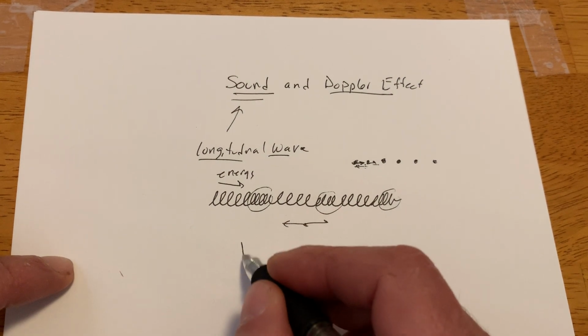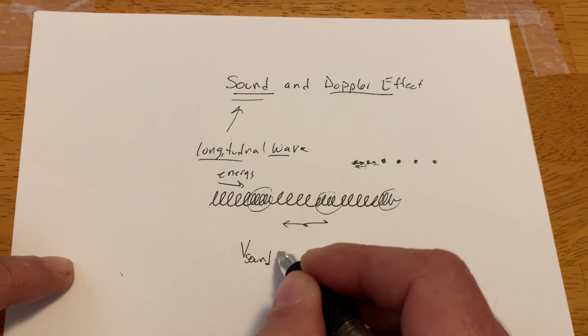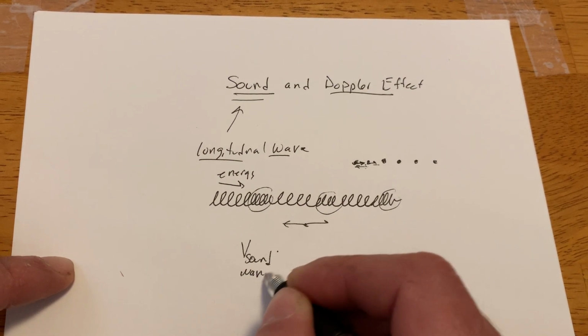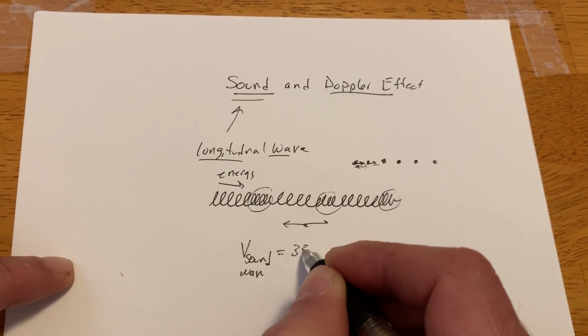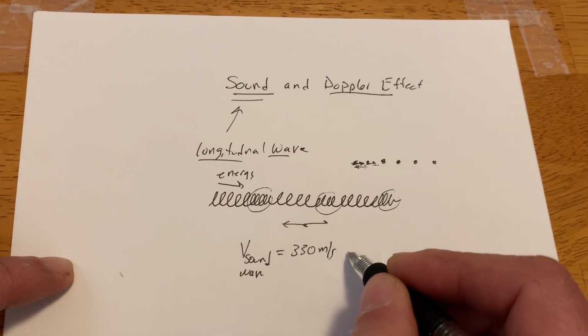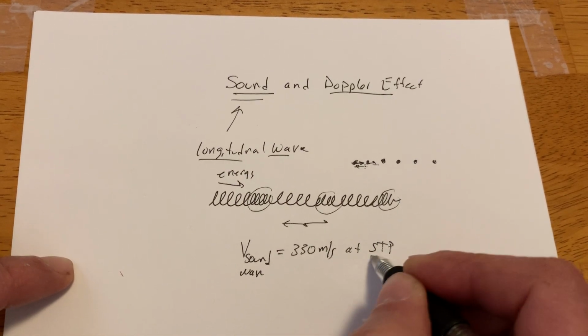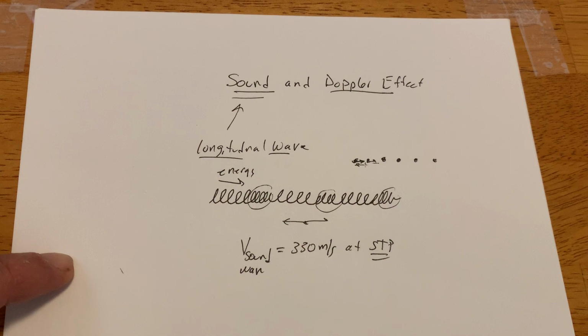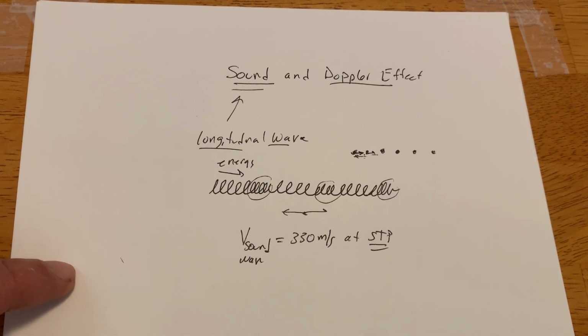A couple of things about a sound wave. Velocity of a sound wave in air is about 330 meters per second at STP. This is on the reference table. It's not really something you need to worry about. We're saying just, a typical situation, sound travels about 330 meters per second.